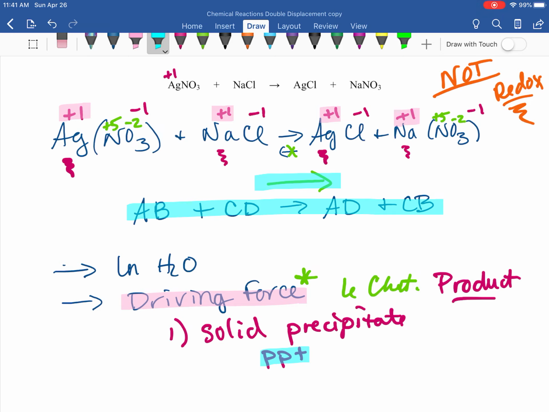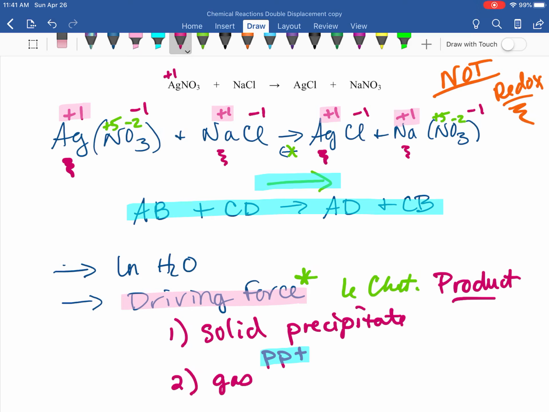Equilibriums are all in a balancing act. And as soon as you remove something, Mother Nature makes another one and makes another one and makes another one, which is why this process even works, because Mother Nature will keep making whatever is being removed. And if you form a precipitate, you've just removed that precipitate from the solution. So that's our most common driving force, and I'll teach you how to look for that.